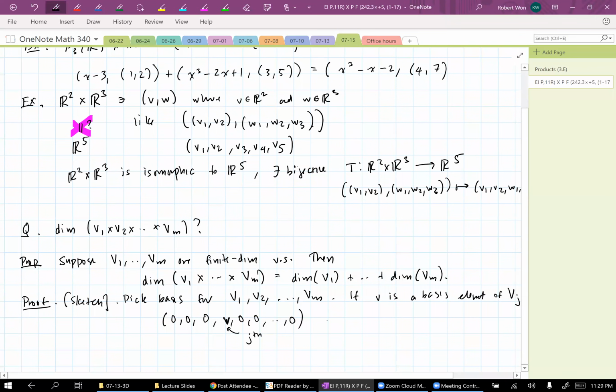So all of these together form a basis of the correct length, the sum of the dimensions of the V_i's. So since we have a basis of the correct length, this shows that's the dimension of the product.